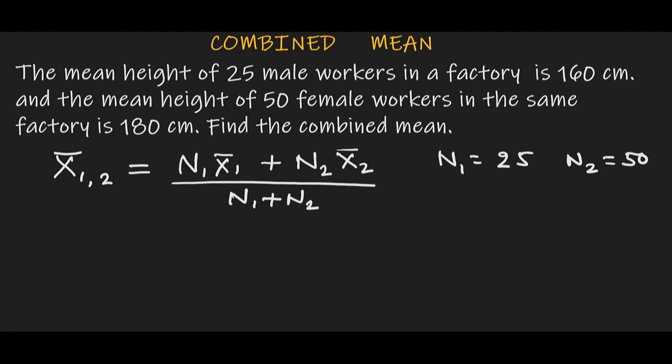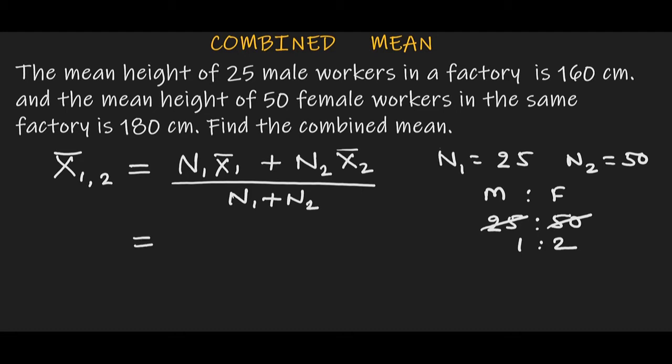If we take the ratio of male to female workers, male workers are 25 and female workers are 50, so the ratio will be 1:2. So now instead of using absolute values of n1 and n2, we will use the ratio. So we can solve it like this.